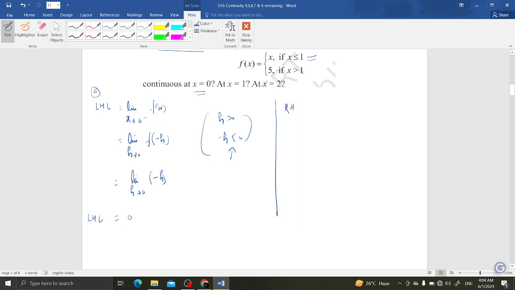Now RHL we need to find. How can we find RHL? Limit x tends to 0 positive, f of x. We have limit h tends to 0, f of h, and here again we observe where it lies. Actually, what is happening here?